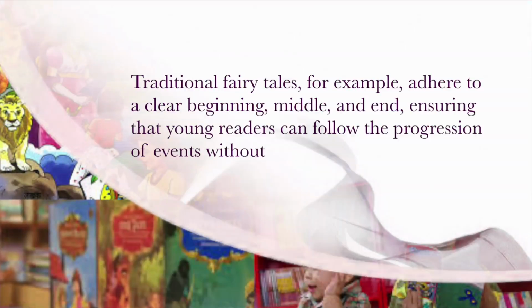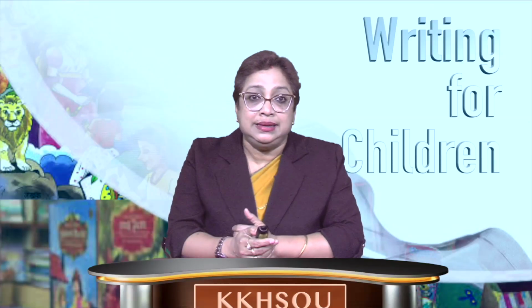Traditional fairy tales, for example, adhere to a clear beginning, middle, and end, ensuring that young readers can follow the progression of events without confusion. This structure also supports moral clarity, as actions often lead to direct consequences, reinforcing ethical lessons.